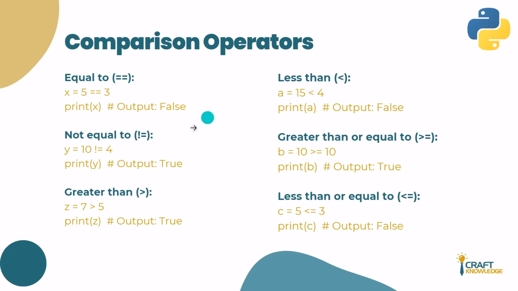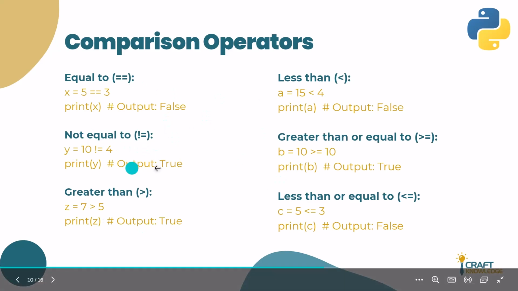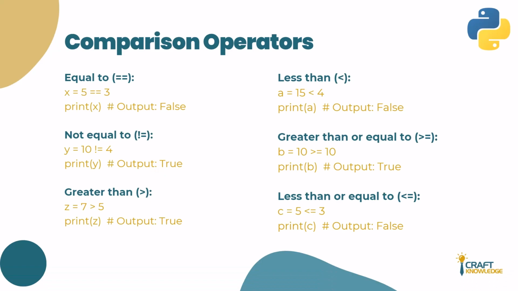Now, one thing that we need to keep in mind is that the output of all these comparison operators is always going to be either true or false. That's it, right? It will never be something in between. It will always be very clearly either true or false.